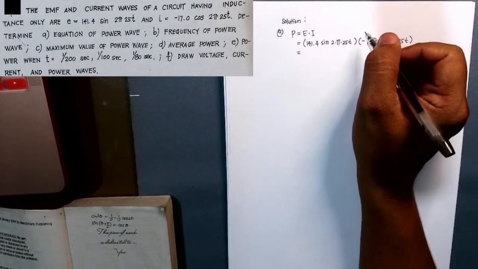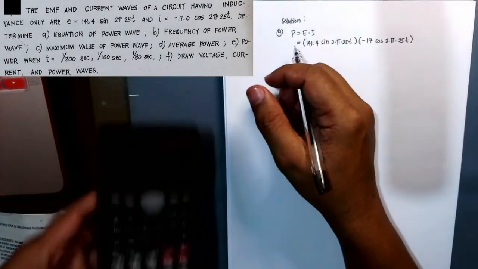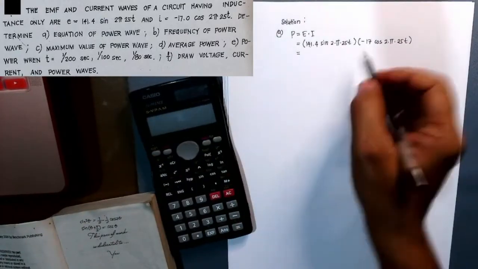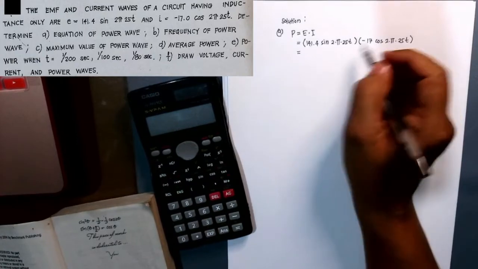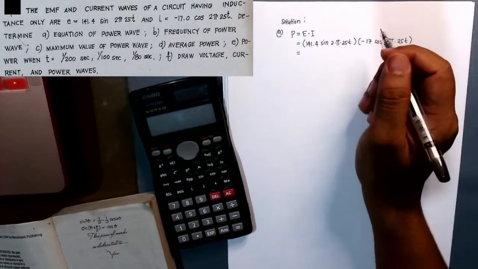So we right away multiply the terms outside the trigonometric values, which are the sine and cosine.